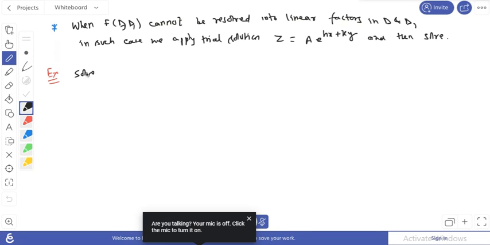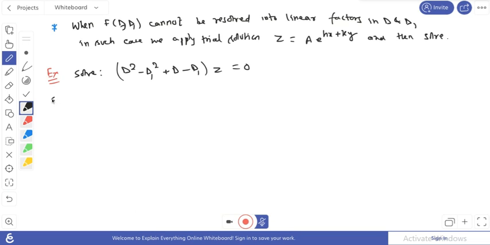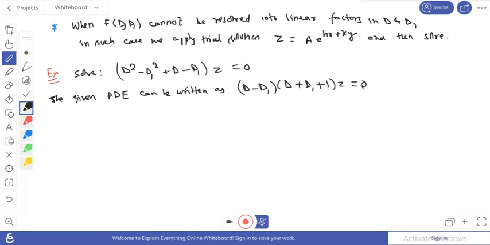If you have to solve this d square minus d1 square plus d minus d1 on z equals to 0, okay, then the given partial differential equation can be written in linear factors, as you can factorize this term like this, and this is homogeneous, so that's why here f of x y is 0.